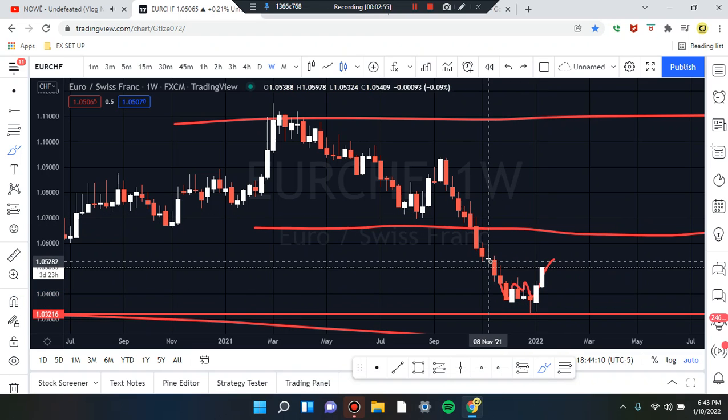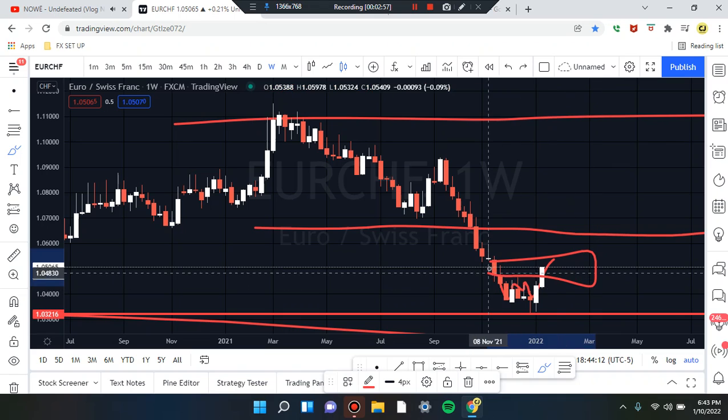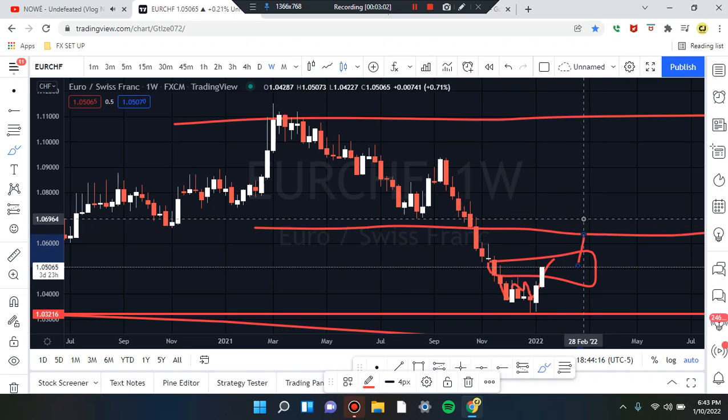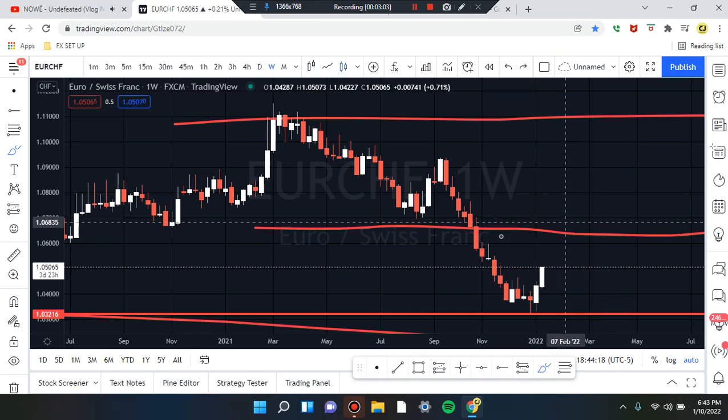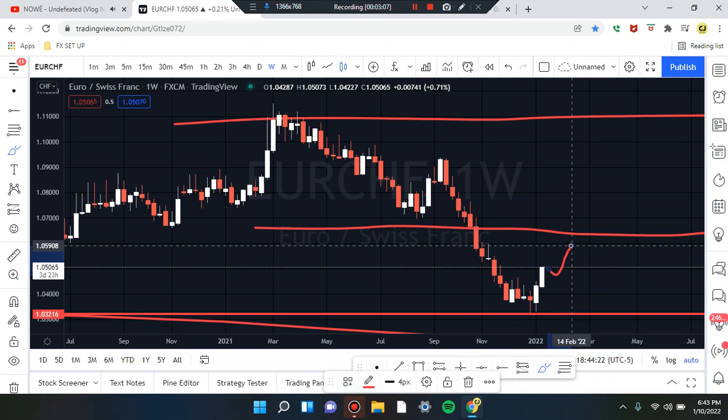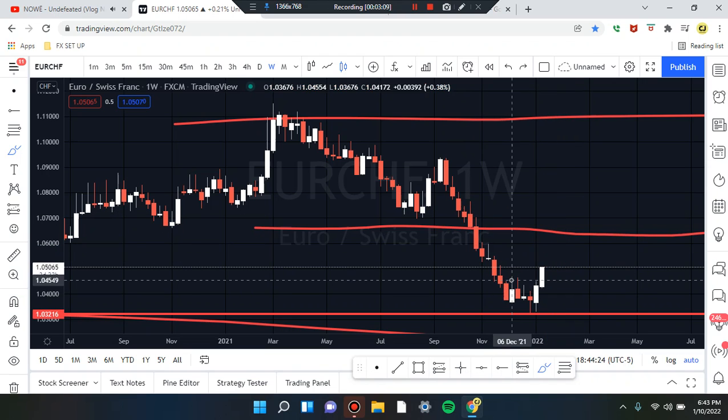We are waiting for the market to break the doji at the midpoint of this area, and then we can see the market head up to that area here. We're also looking for that double bottom or triple bottom retest, and the market shoots up. Headed down to the daily.